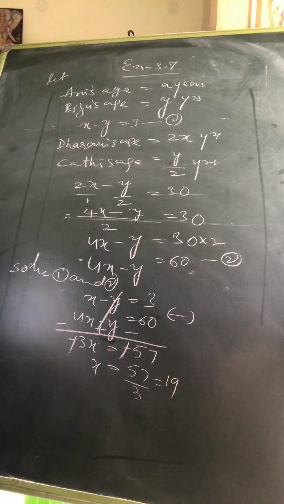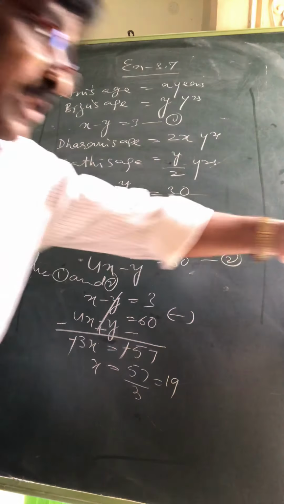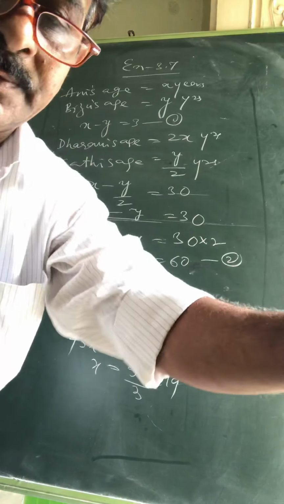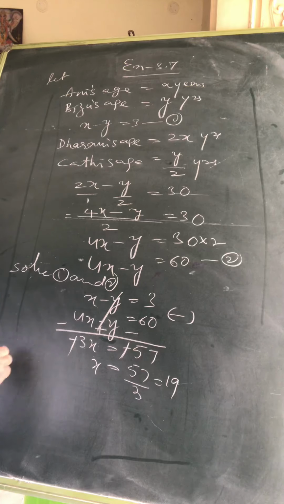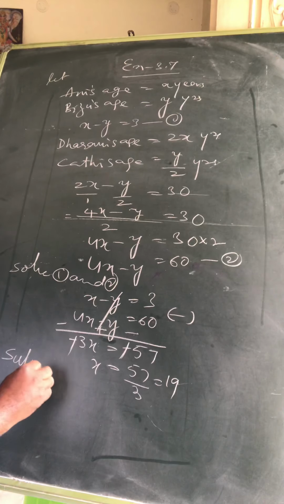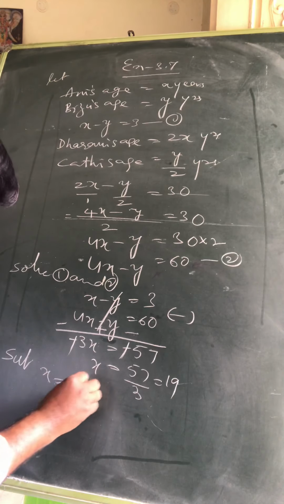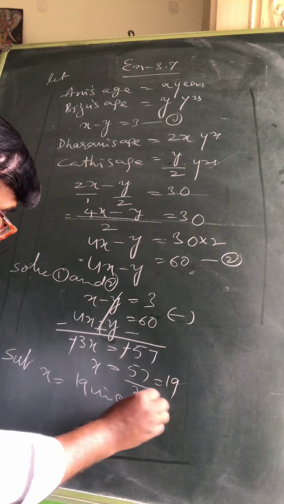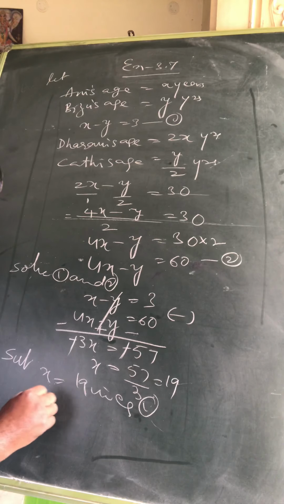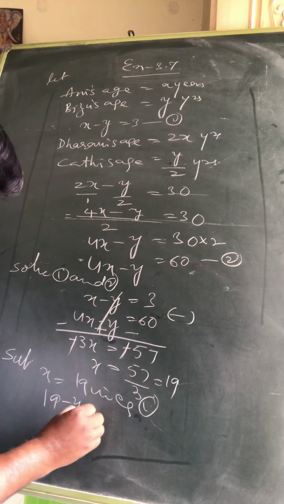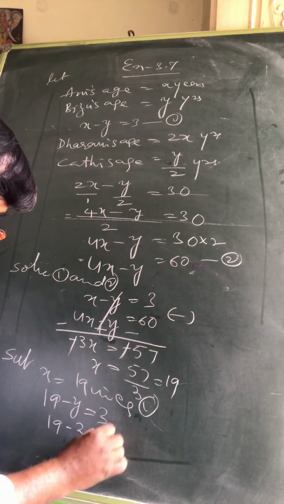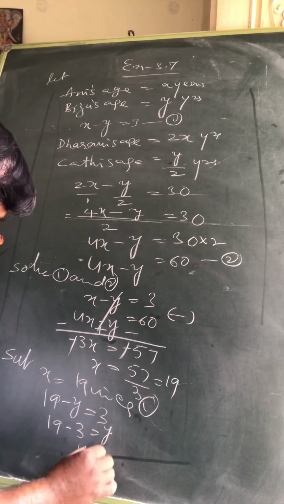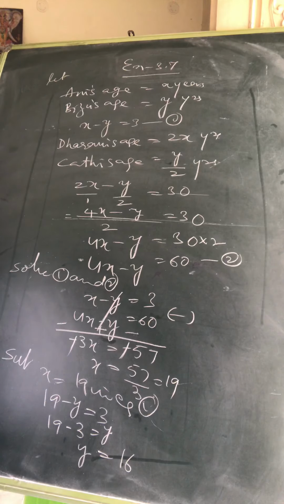So what we have to do? Now we have to substitute the value of x in equation 1. Substitute x is equal to 19 in equation 1. That is 19 minus y is equal to 3. So 19 minus 3 is equal to y. y is equal to 16.